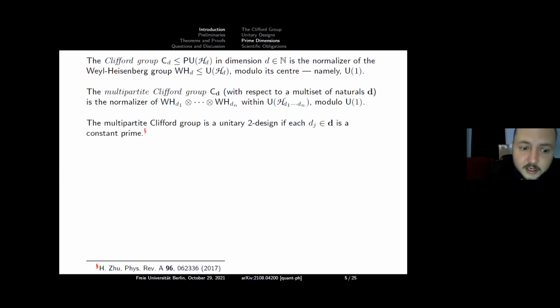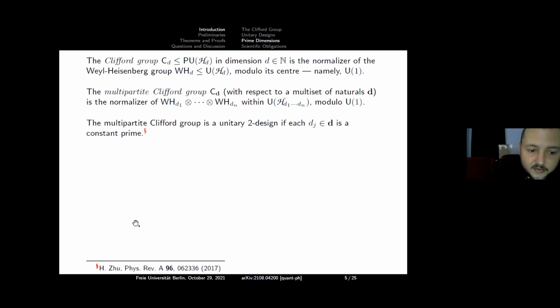So first of all, I will tell you that if each dimension is the same prime, then the multipartite Clifford group is a 2 design. Moreover, if that prime is 2, so for qubits, the multipartite Clifford group is actually a 3 design.